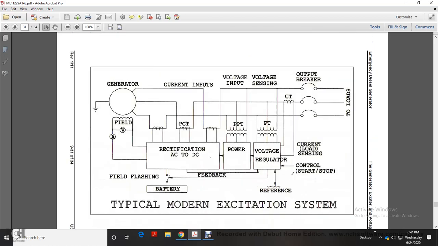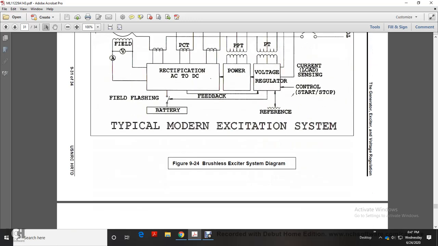Typical modern excitation system: generator, ground, current inputs, field generator, field flashing, rectification, battery, feedback, power generator, reference, current control, stop, voltage input, voltage sensing.